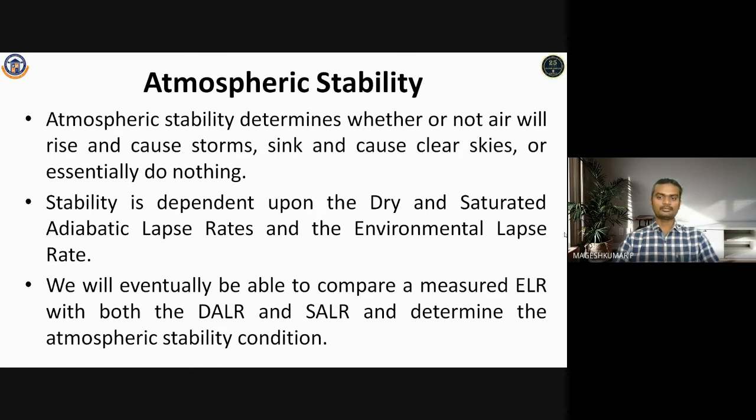So we have to compare these three lapse rates: dry adiabatic lapse rate, saturated or wet adiabatic lapse rate, and environmental lapse rate. We can compare a measured ELR with both DALR and SALR, and determine the stability conditions.